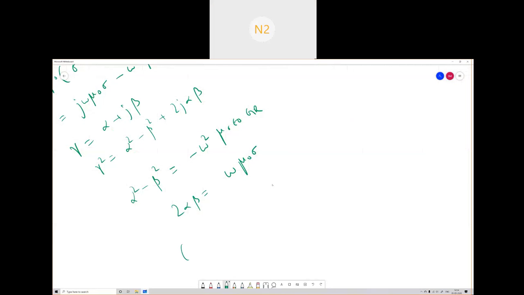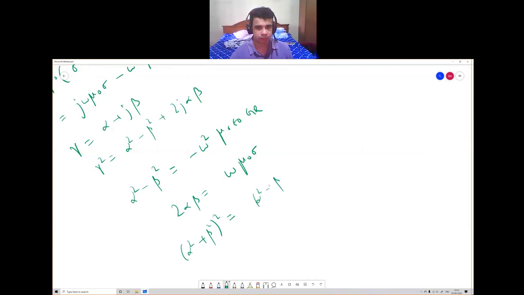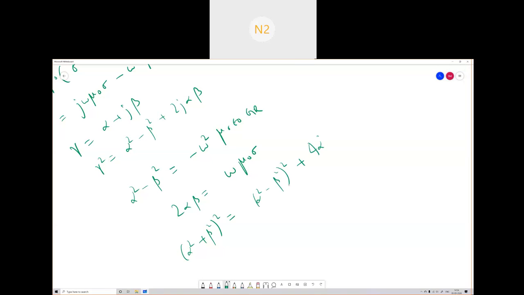Now we use the formula from our childhood days, that alpha square plus beta square whole square equal to alpha square minus beta square whole square plus 4 alpha square beta square.